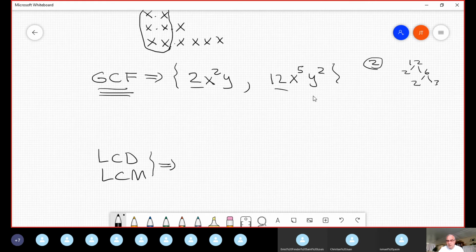I can see that 2 is a common factor. 2 is the greatest common factor in this couple because it's common at least once. And x is common. Wow. But what power?